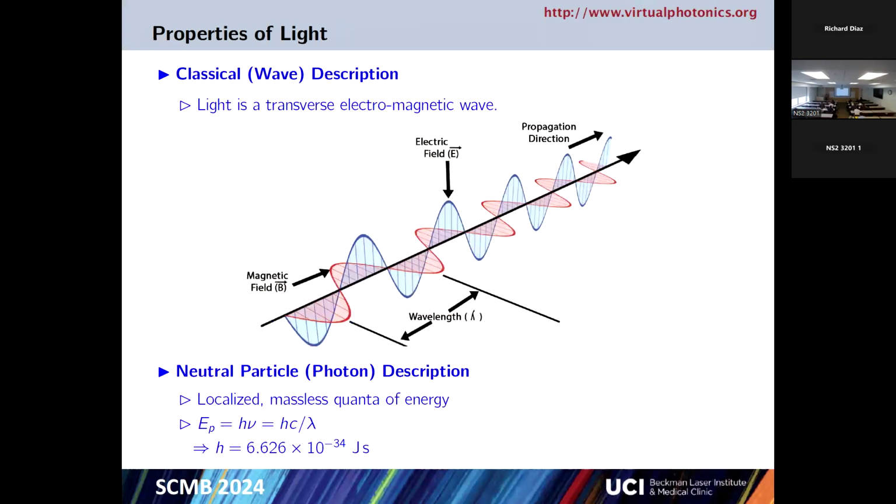Okay, so just high school physics, we can treat light either as a wave or a particle. In the wave context, light is essentially a transverse electromagnetic wave where the direction of propagation is mutually orthogonal to both the electric and magnetic field oscillations, right?